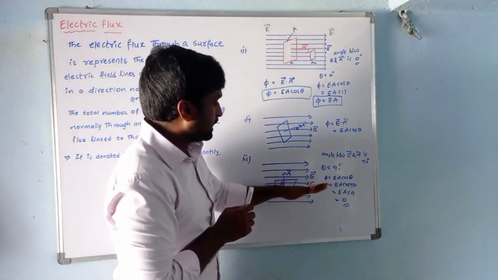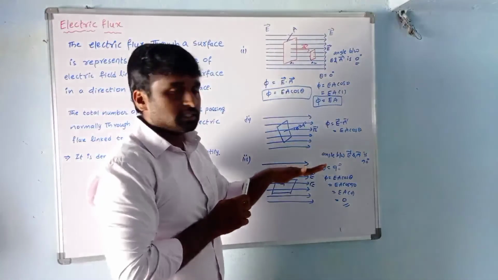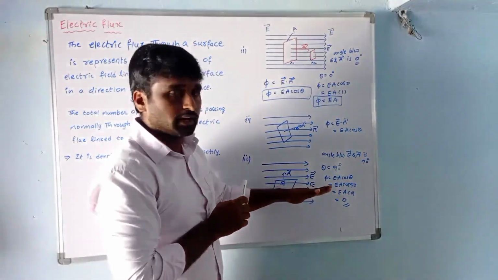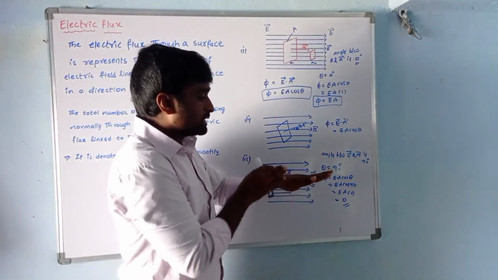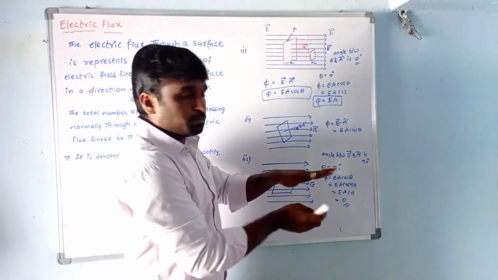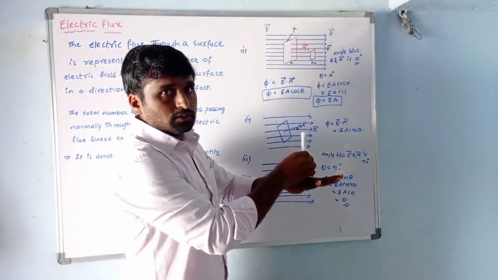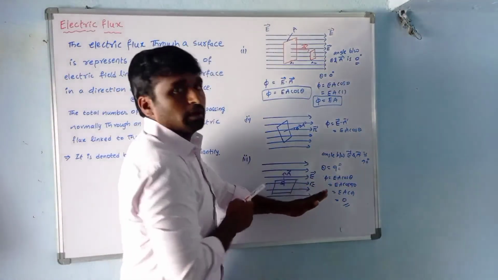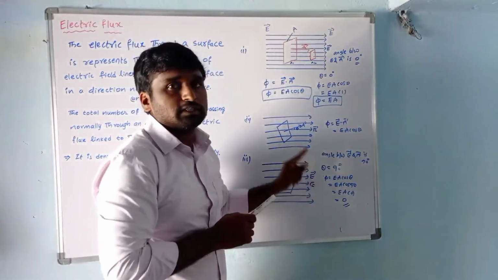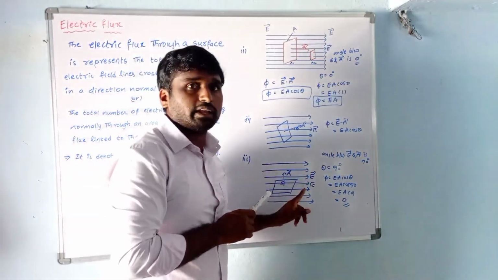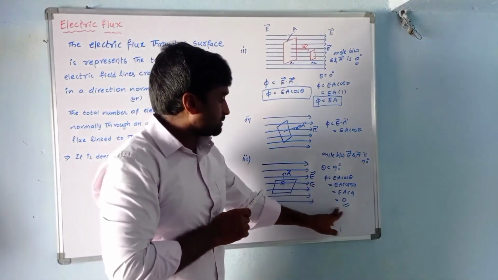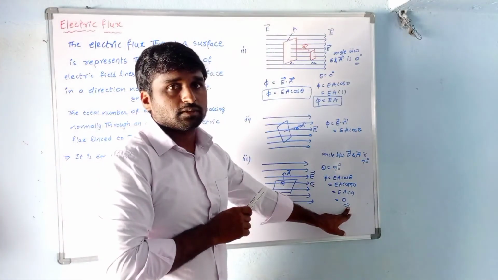These are the electric field lines, and I have taken a plane surface parallel to them. But the surface area vector is perpendicular to the electric field lines. In this case, the angle between the electric field lines and the area vector is 90 degrees. So we will get zero electric flux.